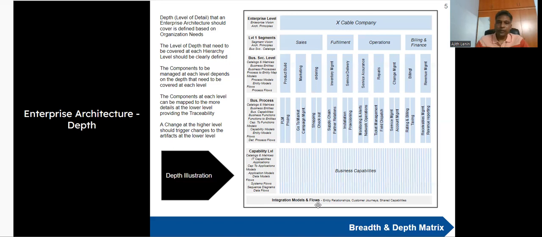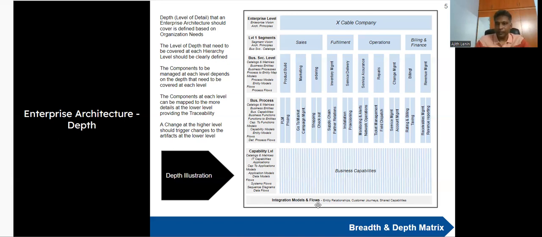The components to be managed: at each depth level, we need to define what architecture components we're going to manage. And the key aspect here is that components at each level can be mapped to the next lower level, so that traceability exists. The need for traceability is because if I make a change on a component at a higher level, say the product build process is changing, or for the product build service I'm going to add a new capability, that should drill down to all the bottom layers to trigger changes on those layers.